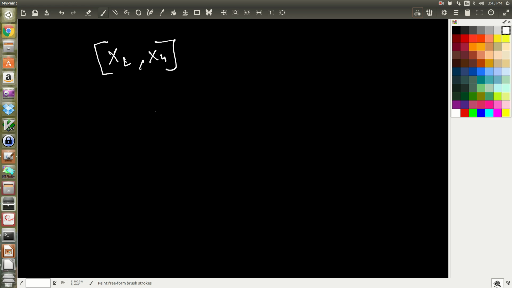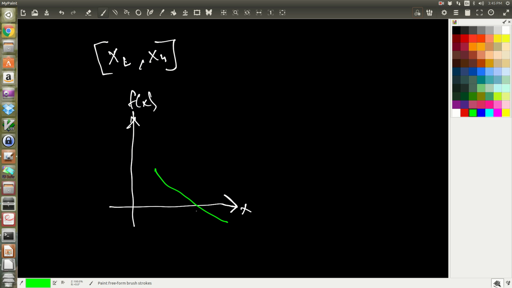So, for example, if I had some interval, this is x, this is f of x, and some function that has a root right here. That's the root. And we provide some bound, some interval x lower to x upper, and we assume that inside this interval there's exactly one root.